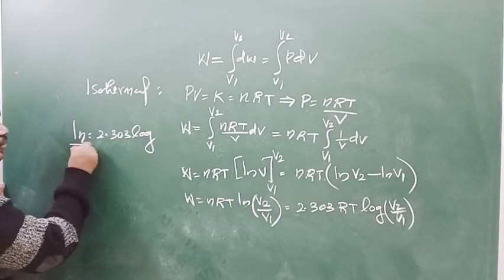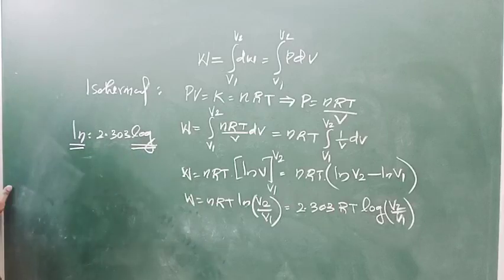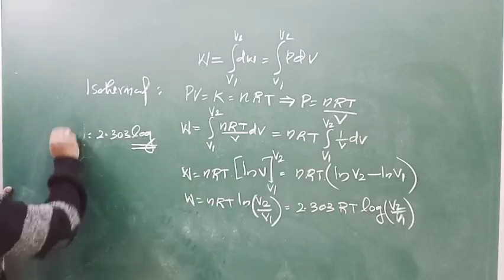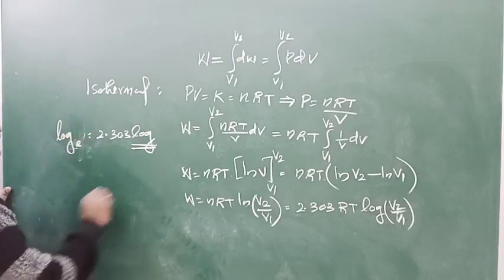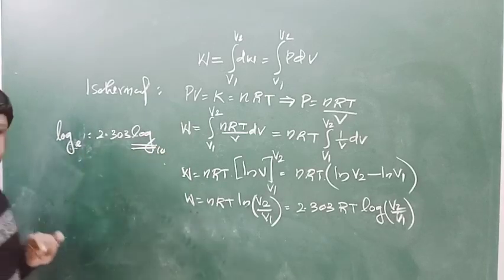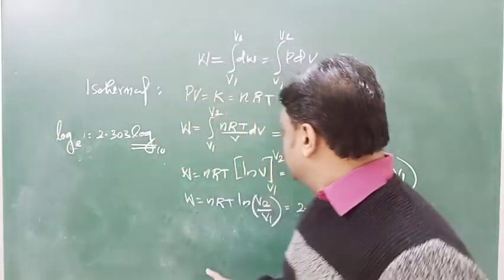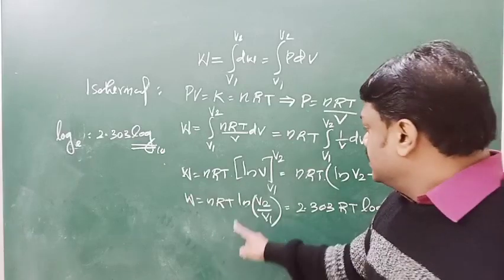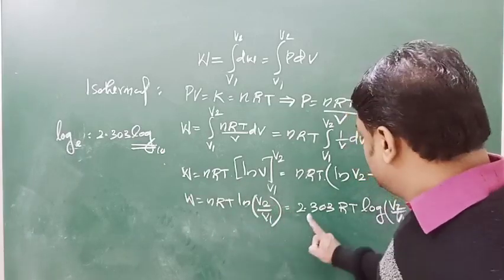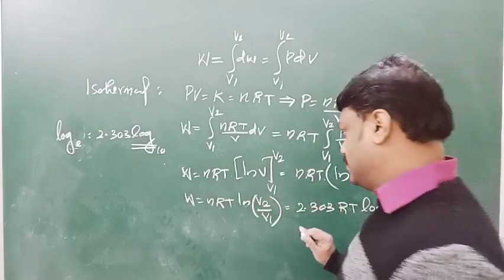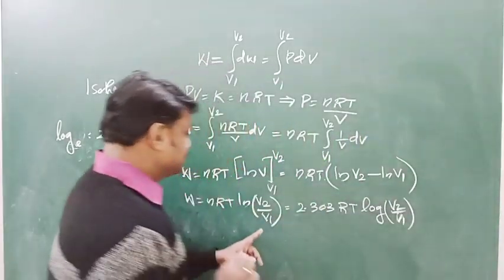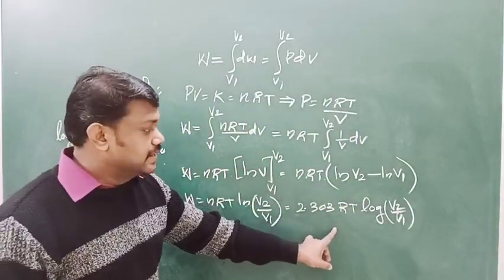So this is natural logarithm and this is common logarithm. This is also written as log e and this is log 10. Remember that. So W is equal to nRT ln V2 by V1, that is 2.303 nRT log V2 by V1. This is the work done in an isothermal process.